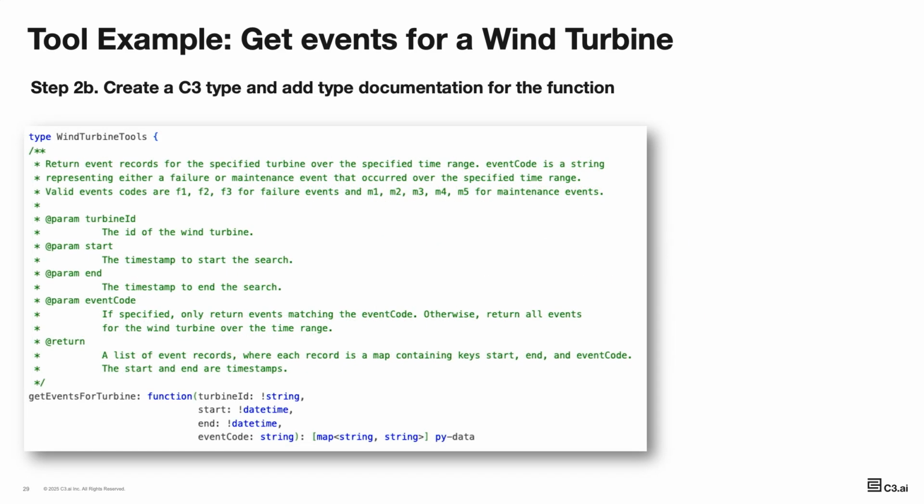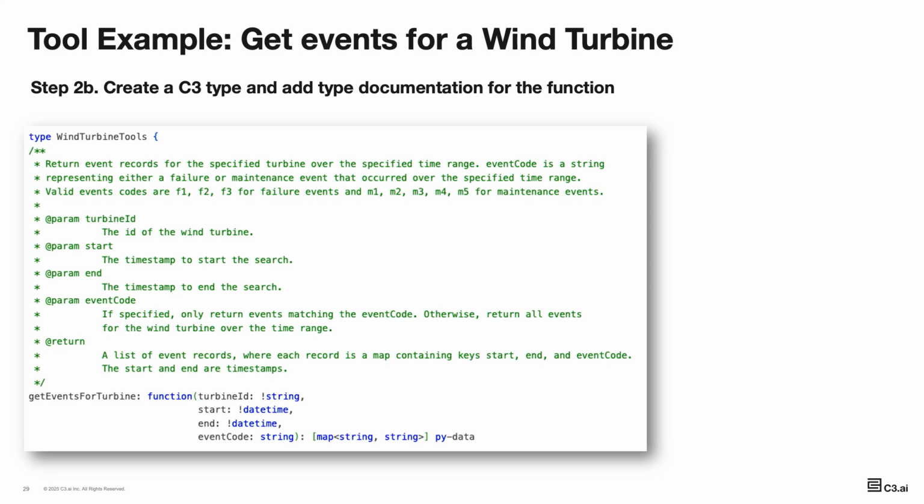We can do the same thing using C3 actions. We take that Python function and make it a type, so we make it an action. We have a type called wind turbine tools. It has one function called get events for turbine. It has the types that correspond to the signature you saw on the last slide, and the exact same documentation formatted as what we call type doc in C3. So this is standard C3 development.